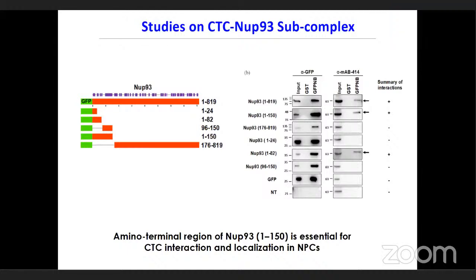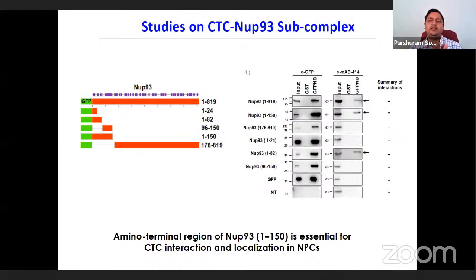Based on secondary structure predictions using different software such as Cypred, we identified the potential secondary structural elements, such as alpha helices and beta sheets, in this particular structure. Based on that, we made several deletion constructs and cloned them as well into the GFP-C1 construct. So we got different NUC93 constructs tagged with GFP.